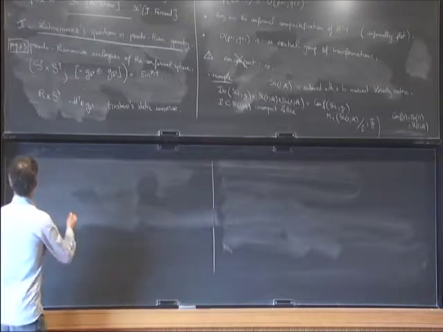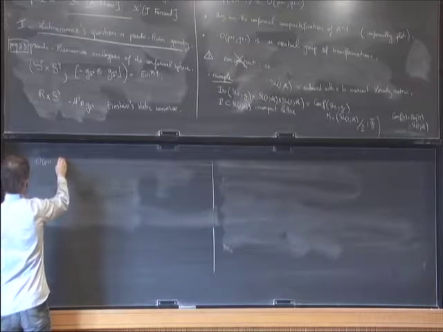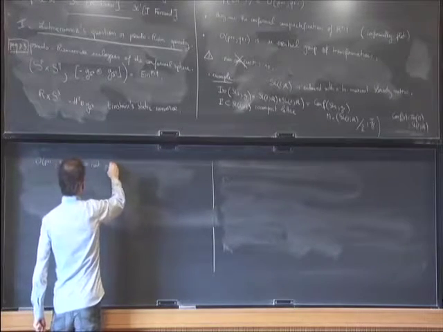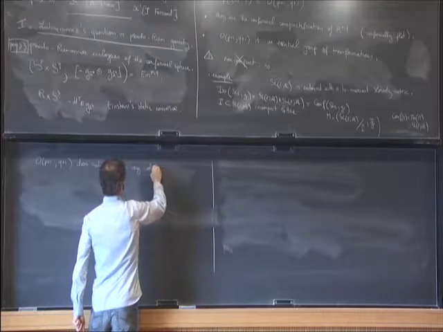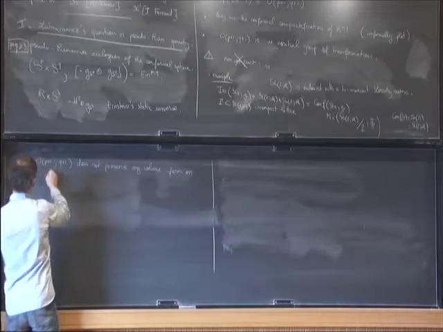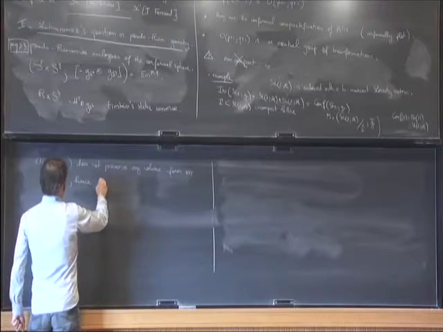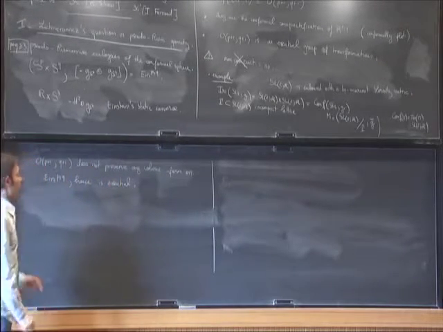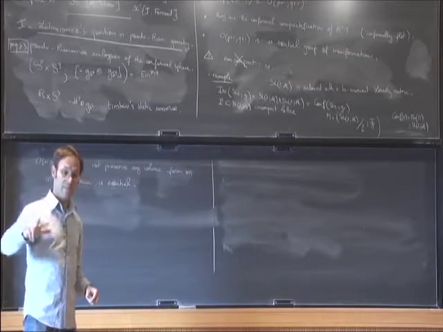Indeed, if you have a pseudo-Riemannian metric on a manifold, it automatically defines a volume form.